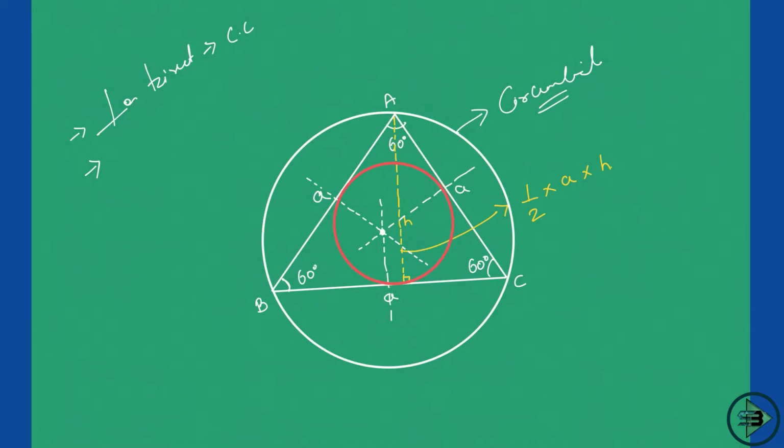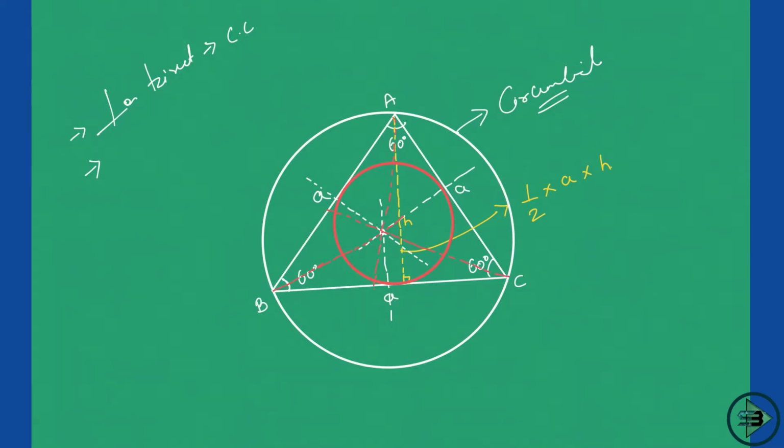How is an incircle formed? What makes an incircle? Angle bisector. So what is an angle bisector? See, this is an angle of 60, split it up into two angles, 30 and 30. Again, this is an angle of 60, so split it into two equal angles, 30 and 30. Again, this is an angle of 60, so split it into two equal angles, 30 and 30.